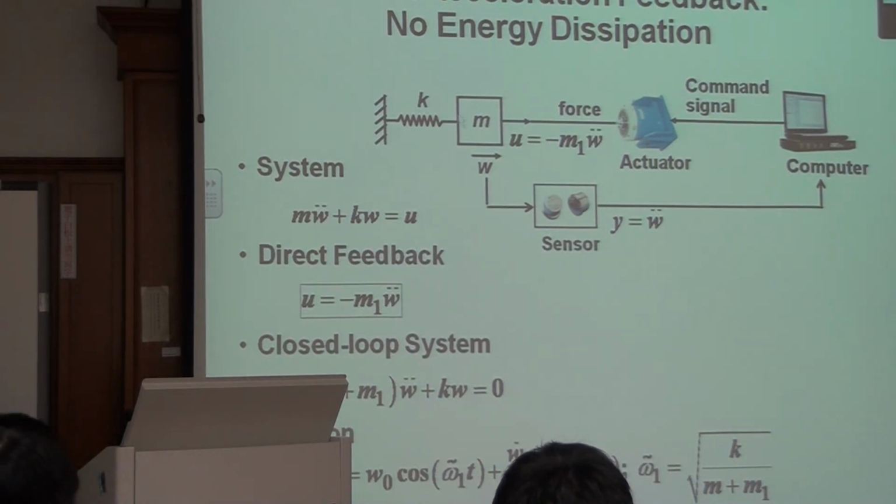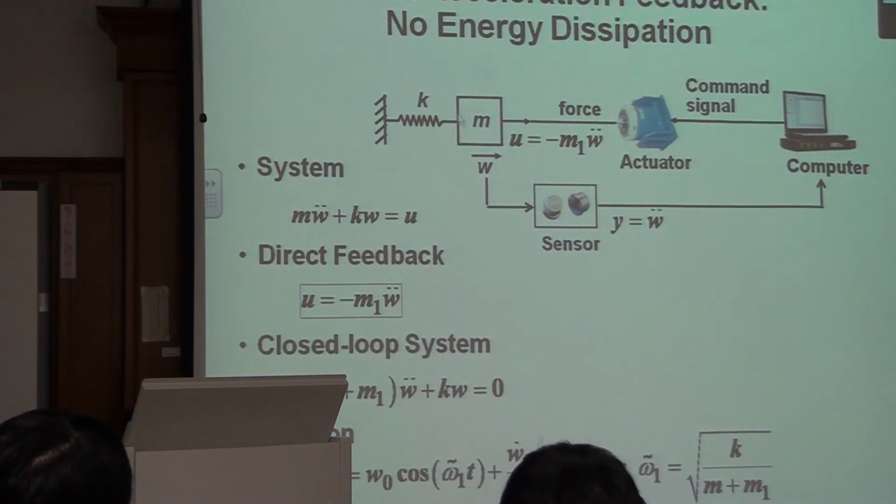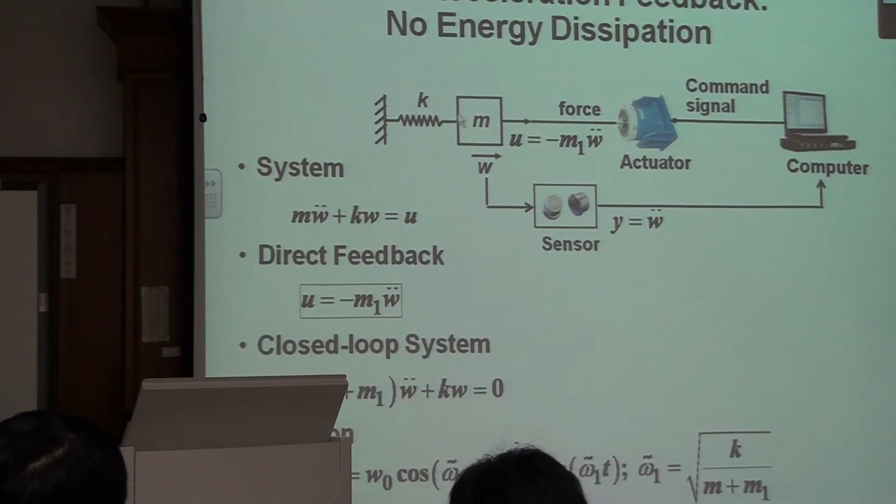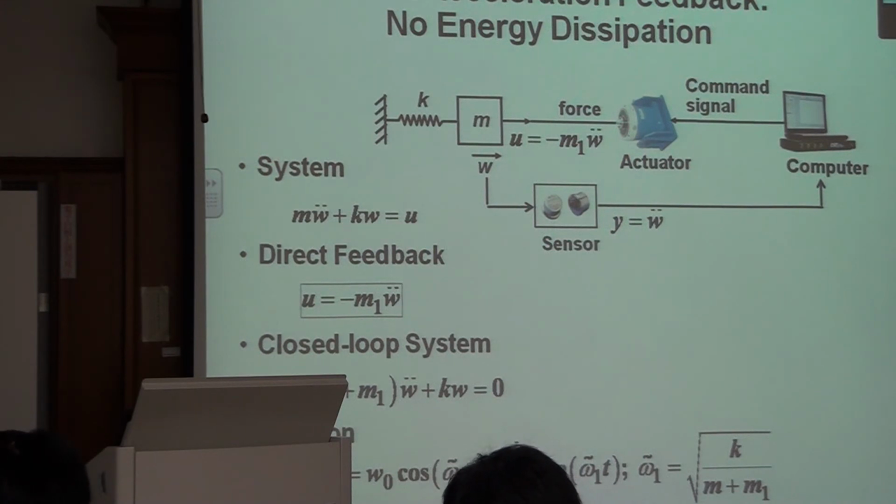So for acceleration feedback, now you also change the frequencies. This is displacement feedback. This is acceleration feedback. The system frequency, square root of K over M, changes to square root of K over M plus M1.